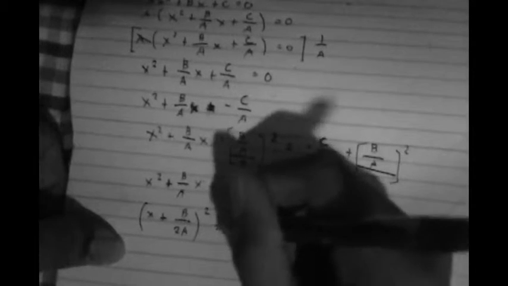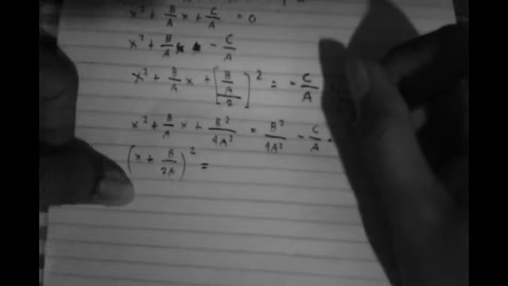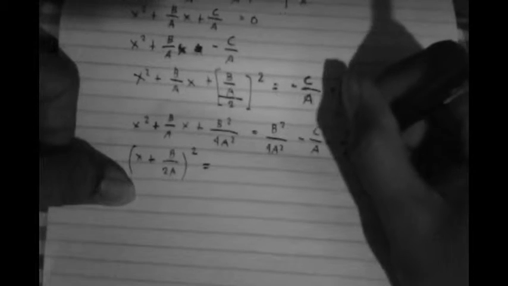Then the right side equals, by multiplying c over a by 4a over 4a, nothing happens, it is just equal to 1.